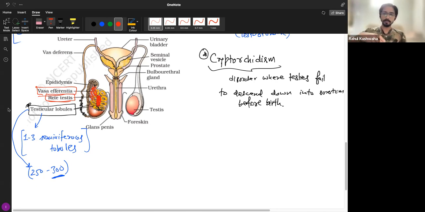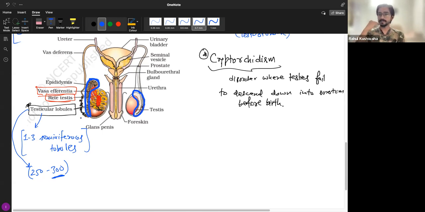So on the top of the testes, just like a cap, you can see this structure, which I'm marking with blue. Can you see this that I'm marking here? The structure that I marked with blue? It looks like a comma shaped structure.